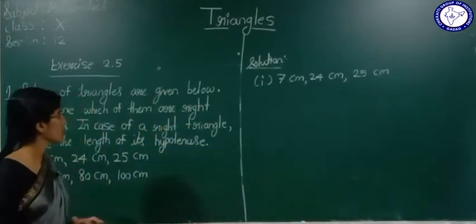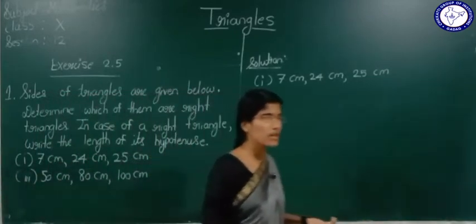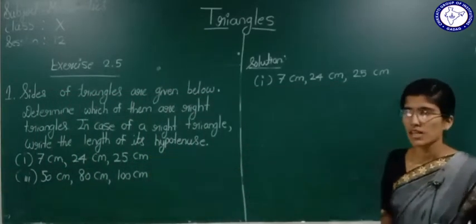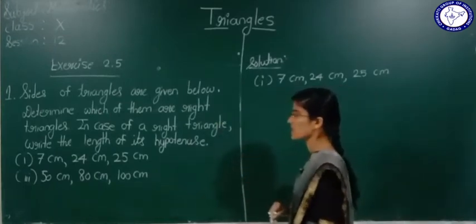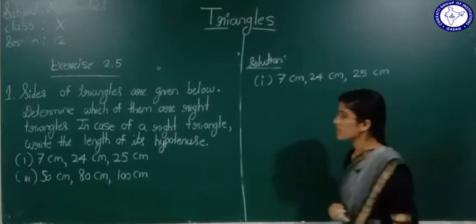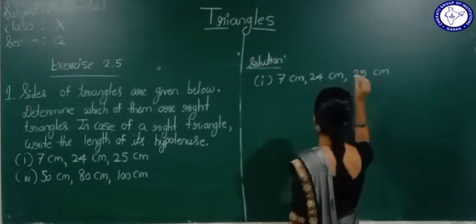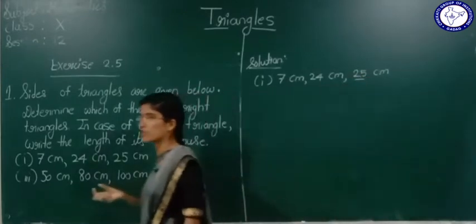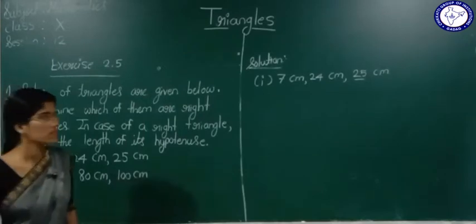The square of the hypotenuse is equal to the sum of the squares of the remaining sides. If that is satisfied, definitely we can tell that this is a right triangle. Now here we know that the hypotenuse is going to be the largest side, right?